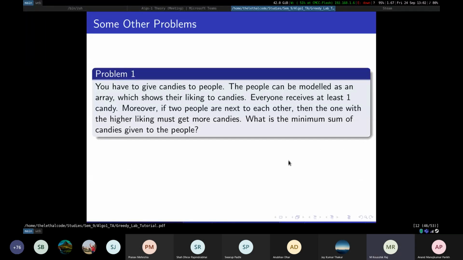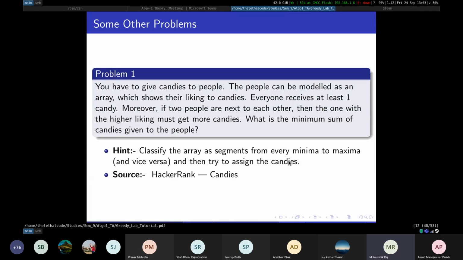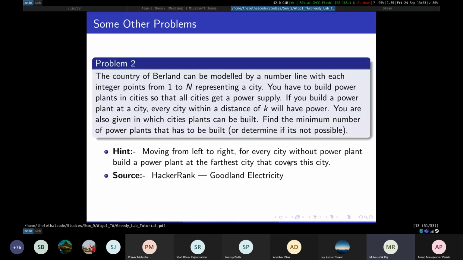So here I have basically listed out some other problems. I think you guys want to go for lunch or something. You're probably time's up. So I've taken it from HackerRank only, and I've given you some short hints how you can go about it. You can maybe ask it in the Teams channel if you have any doubts about this. And yeah, that's all. I have given you a bonus as well. So the solutions are also there. So you shouldn't be having a problem, to be honest.